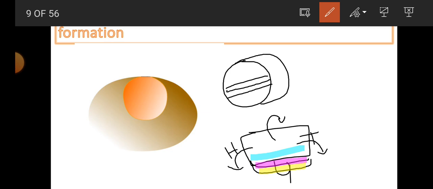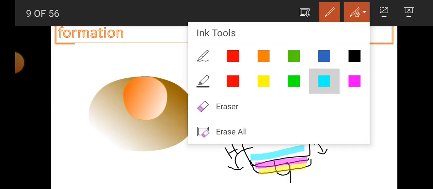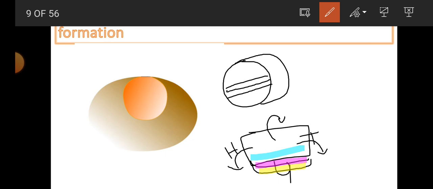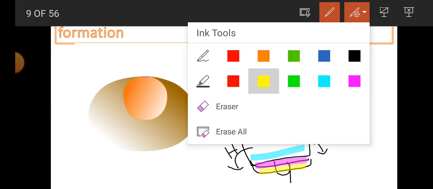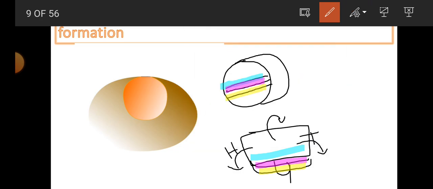If we elongate and take a section, this is the ectoderm, this is the mesoderm, and this is the endoderm. It forms almost a disc like this. A plate like this is formed with three layers.